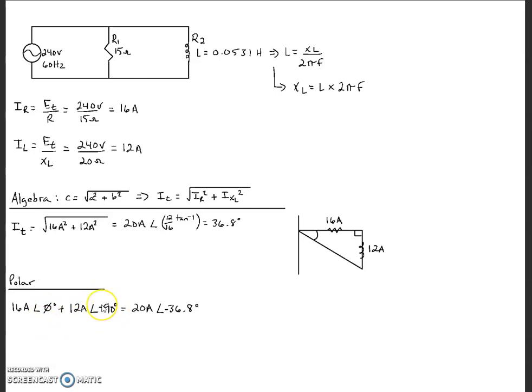So we're not going to use 90 degrees anymore as we did with series. With these we're going to use an angle of negative 90. Gives us 20 amps at an angle of negative 36.8 degrees. It's 36.8 technically, but as far as the actual position is concerned, we're sitting at a negative 36.8 degrees.